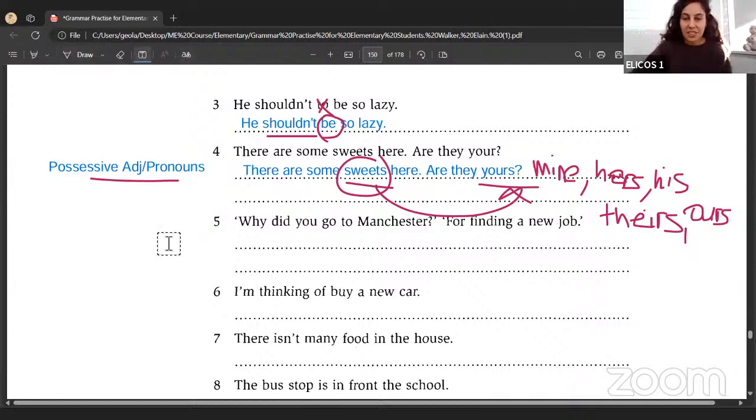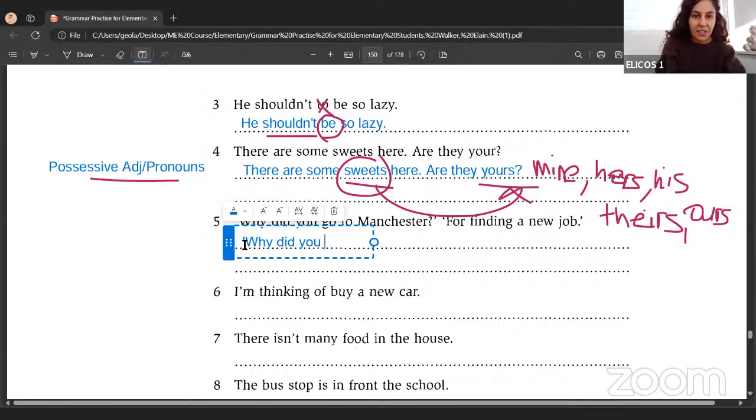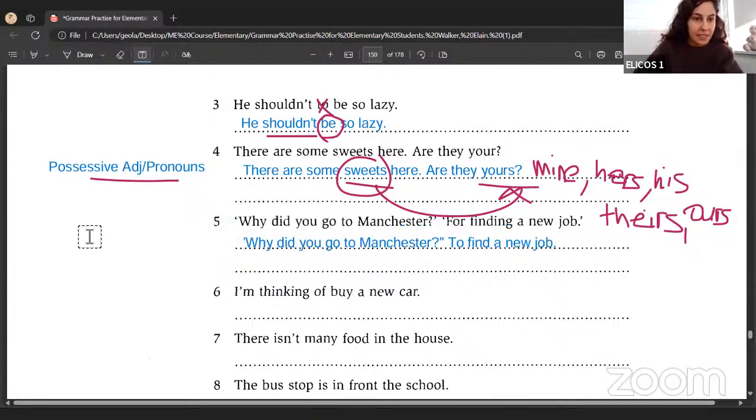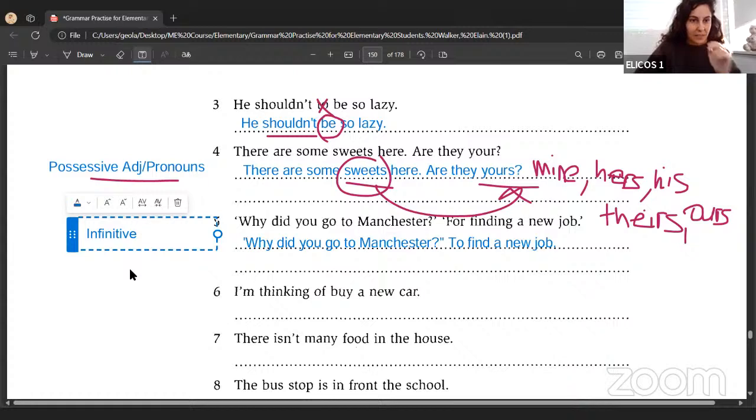Why did you go to Manchester? For finding a new job? So the first part is correct. Why did you go to Manchester? That's just a city. So why did you go there? Yes, to find. When you respond, it's still the infinitive of purpose.